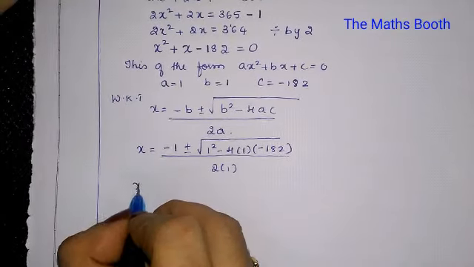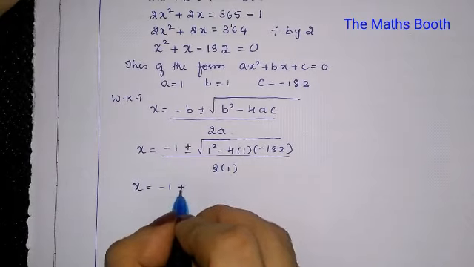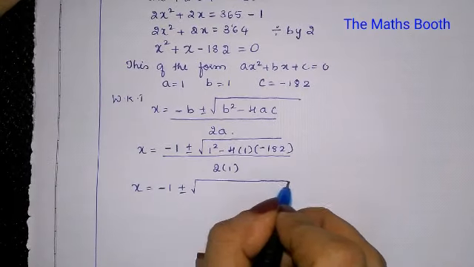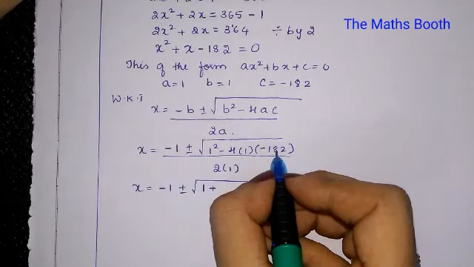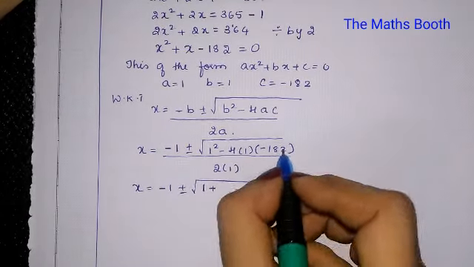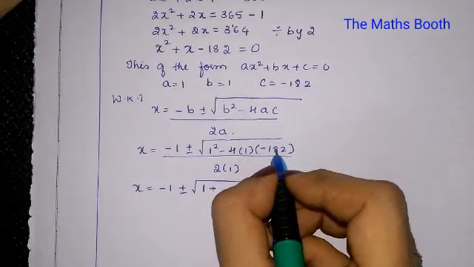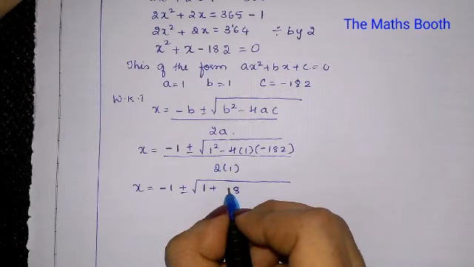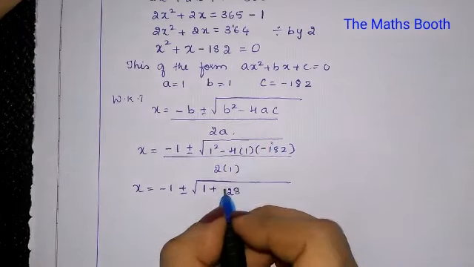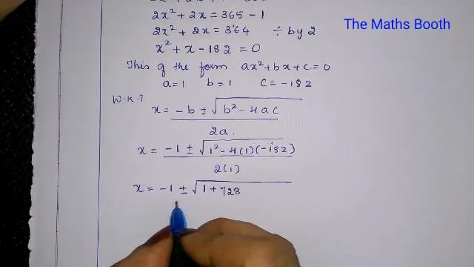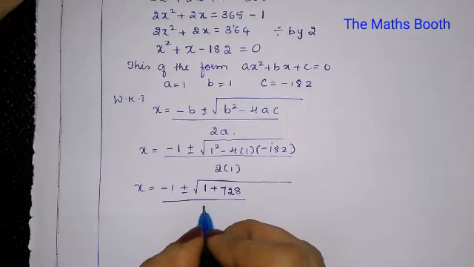Now x is equal to minus 1 plus or minus root of 1 plus 728 upon 2.